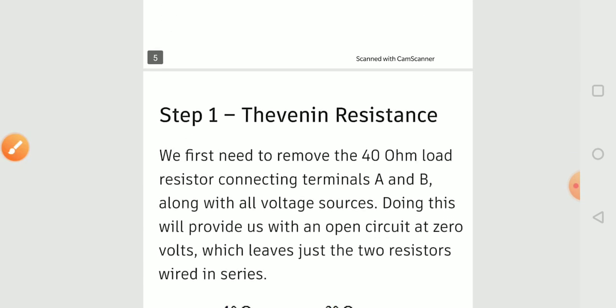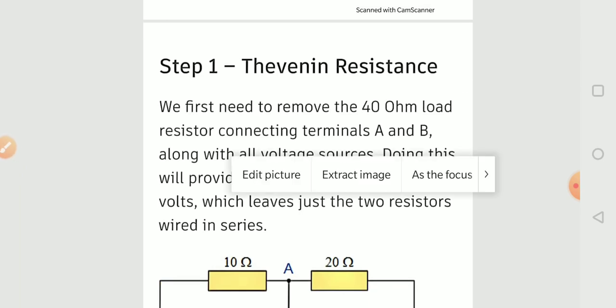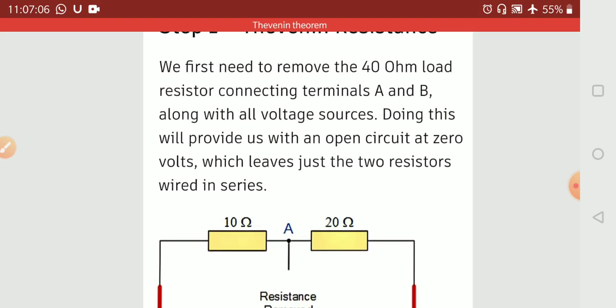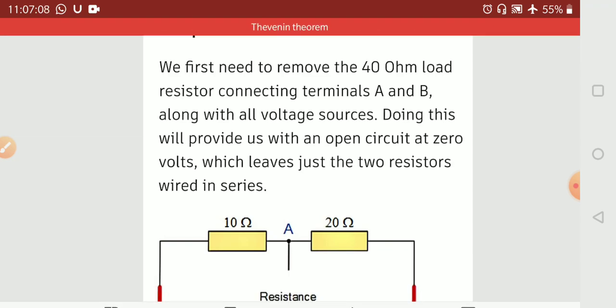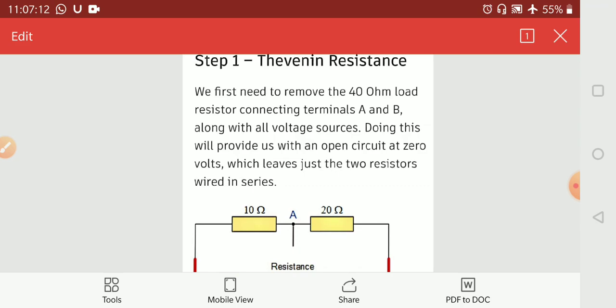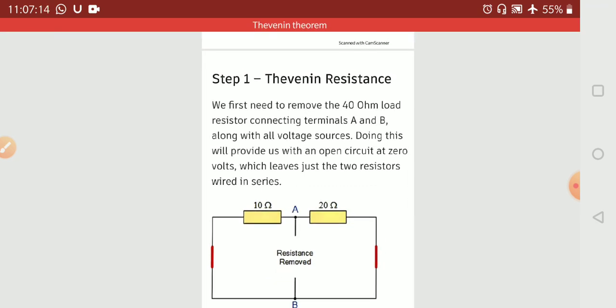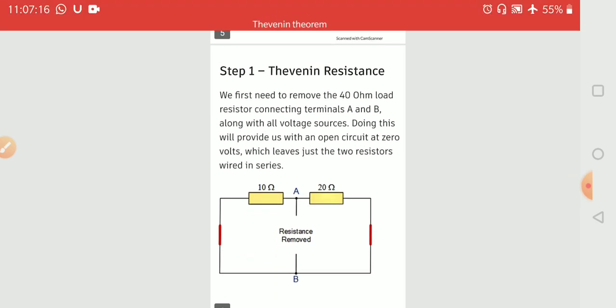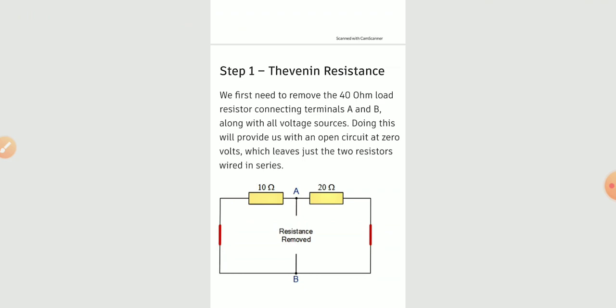So the first step is we find the Thevenin's resistance. We first need to remove the load because the first step is removing the load resistance.